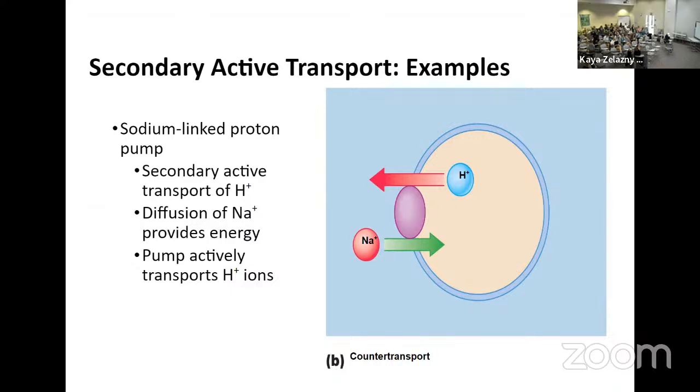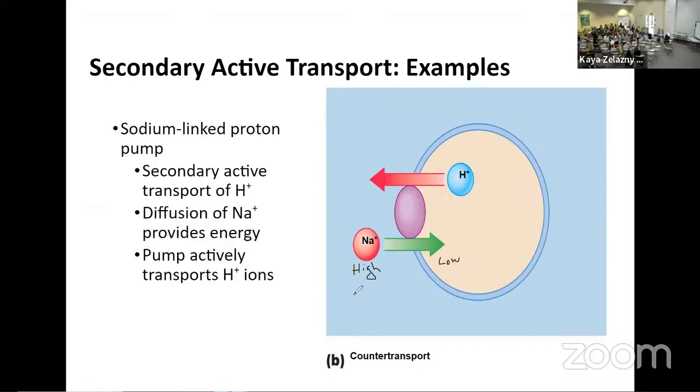So here we're looking at a sodium-linked proton pump. Protons and hydrogen ions are basically the same thing, right? We still have sodium moving down a gradient, going from this high area of sodium to this area of low sodium.